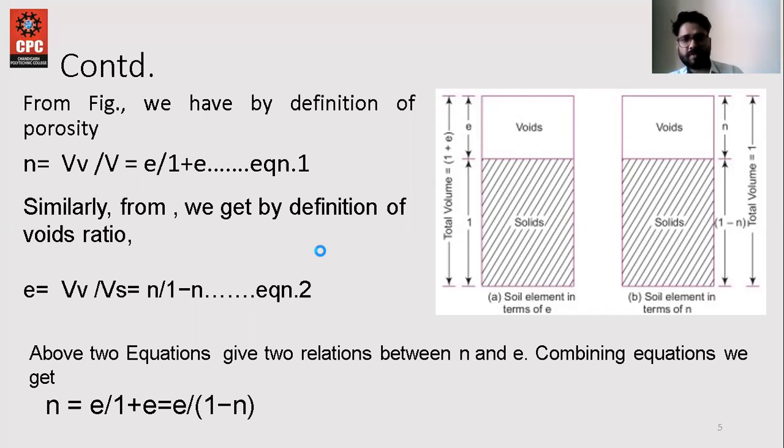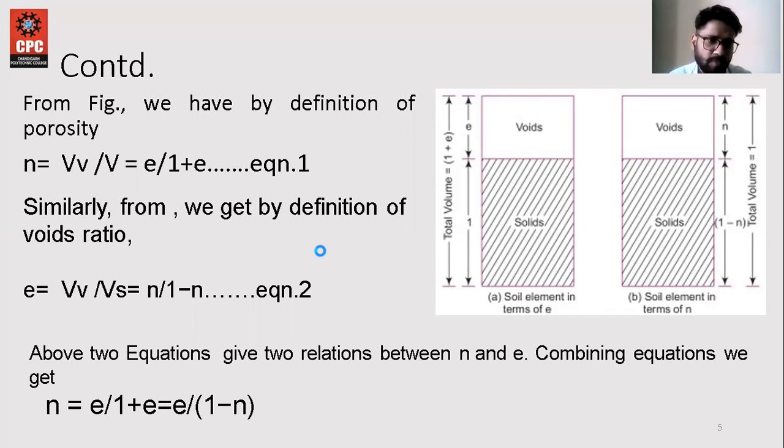The volume of solids by definition would be equal to 1. The total volume can be written as 1 + e, because the volume of solids is taken as unity. From the figure, we have the definition of porosity.